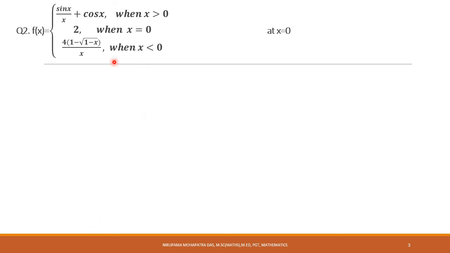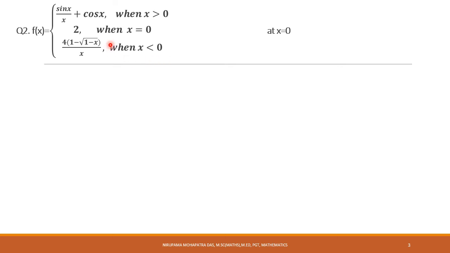In the next question, f(x) equal to sin x by x plus cos x when x greater than 0, and 2 when x equal to 0, and f(x) equal to 4 into 1 minus under root 1 minus x by x when x less than 0.